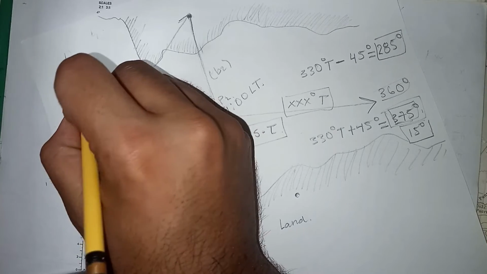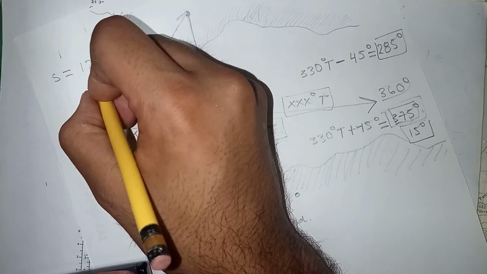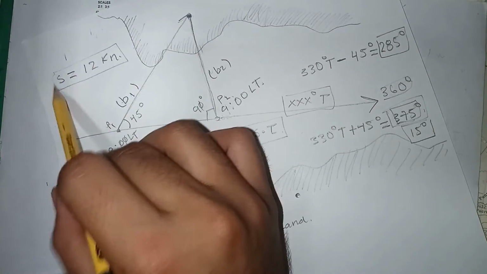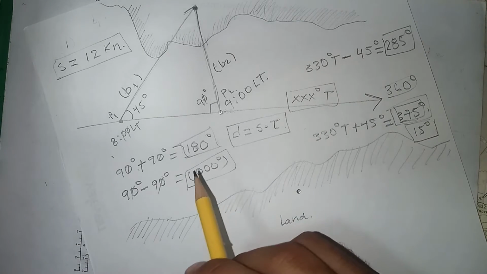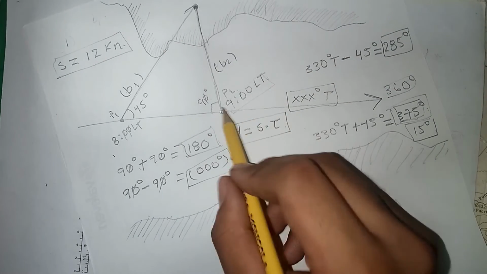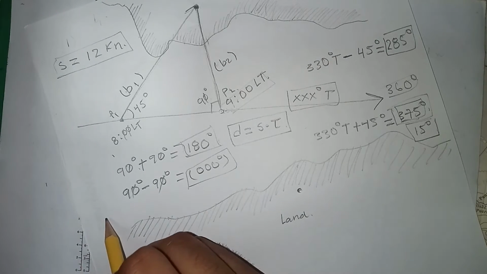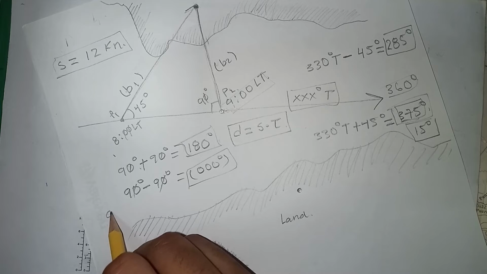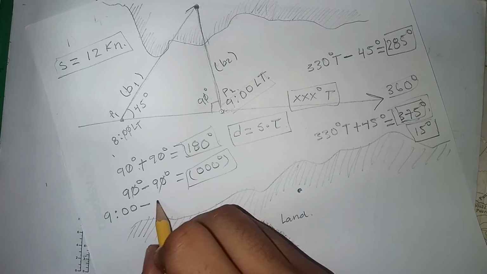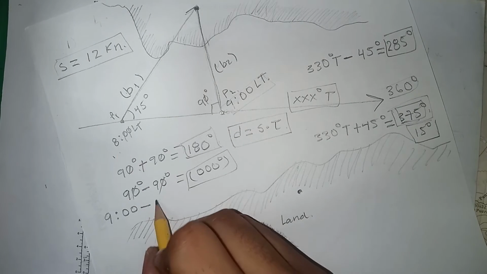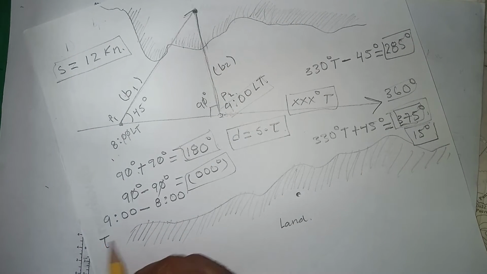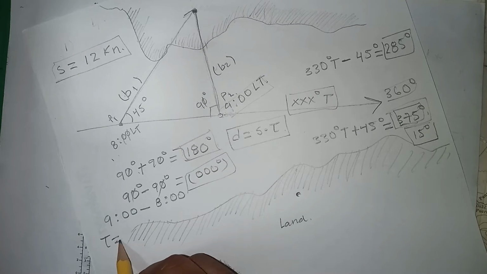We suppose the vessel has 12 knots. This is the speed of the vessel, and the time sailed is the time of arrival, the ETA, minus the ETD, in this case 8 hours. In this case the time sailed is 1 hour.